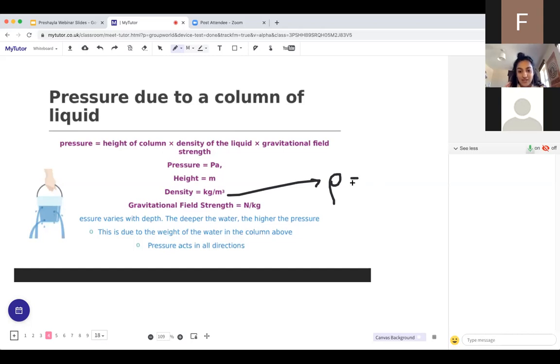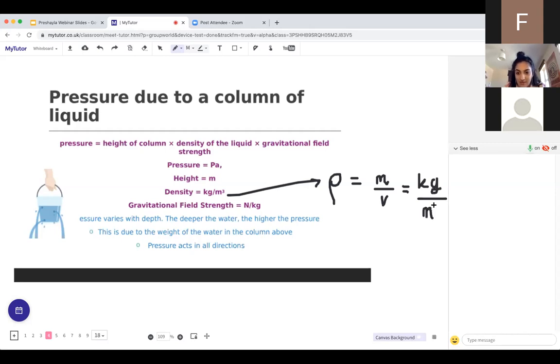Now that stands for density. We know that density is mass over volume. Okay, so that's our equation for density. Okay, mass over volume. Now we know that mass is measured in kilograms and volume is measured in meters cubed.